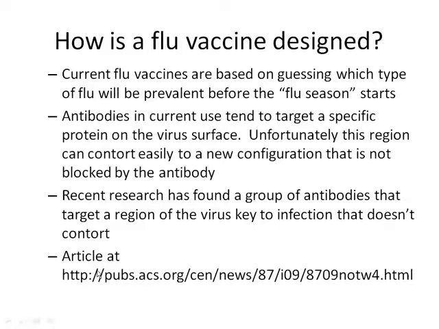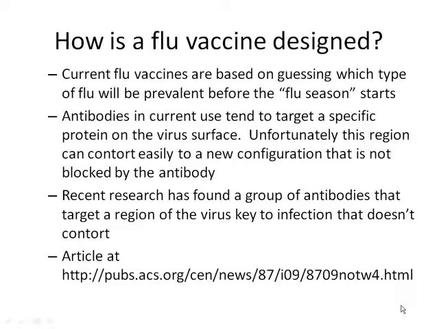What's really interesting about this, and you can read this article that I've got highlighted here if you're interested, is that the other issue with flu vaccines is that there are so many different variations of the flu out there. Ideally you'd want a vaccine that addressed more than just one, because if you had to have a specific antibody for every single flu virus, you'd have a lot of antibodies to design.